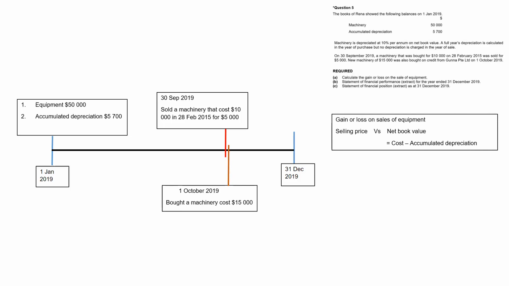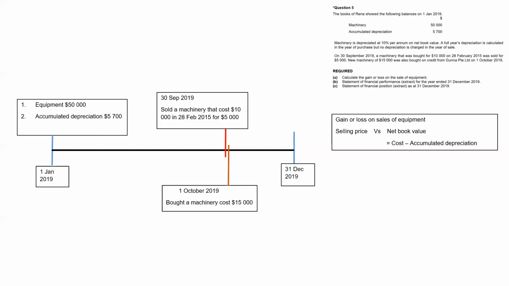If the selling price is higher than the net book value, we get a gain. Vice versa, we get a loss if the selling price is below the net book value. Net book value can be calculated by taking the cost of the non-current asset minus the accumulated depreciation.